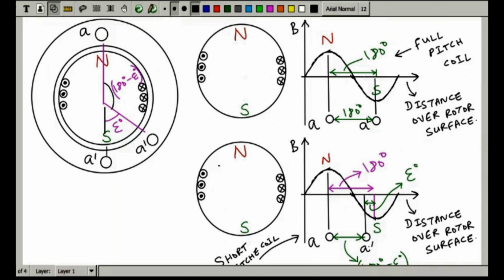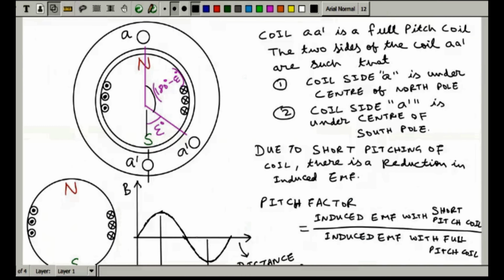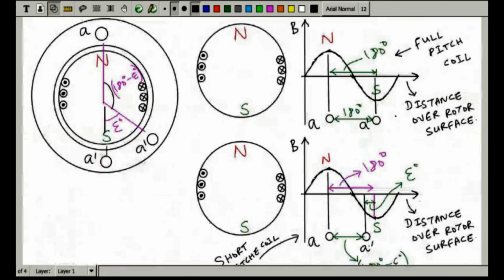Now we see that the distribution of flux density over the rotor surface is sinusoidal, the way it is shown here. So induced EMF in the coil A dash will also be sinusoidal. So we can represent the induced EMF in the coil by phasors.